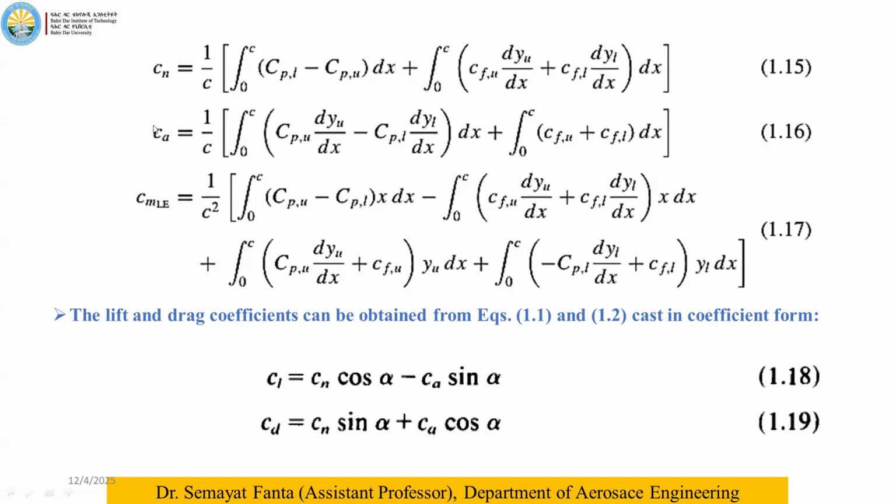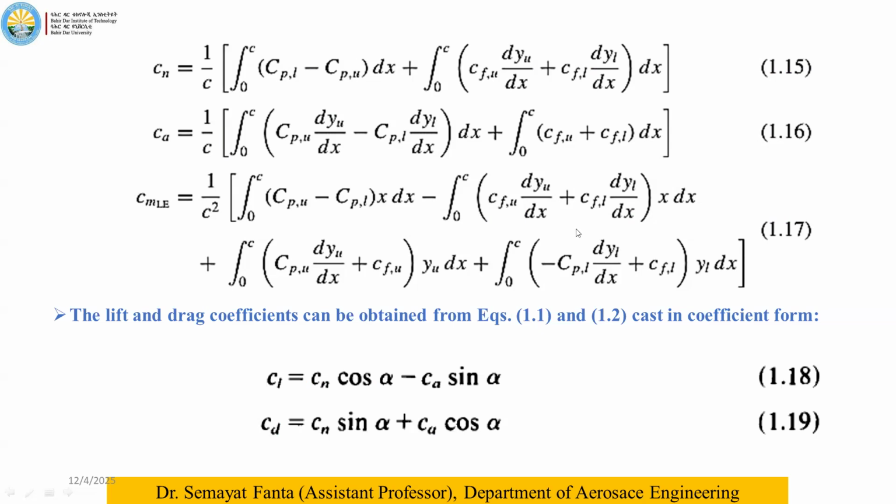So CN, CA, and CML are representations for the normal force, axial force, and leading edge moment in the aerofoil case. Okay, here the small letter represents the aerofoil, but previously we developed these equations for the three-dimensional wing already. We can go back and see that.